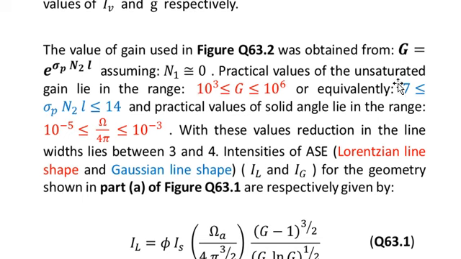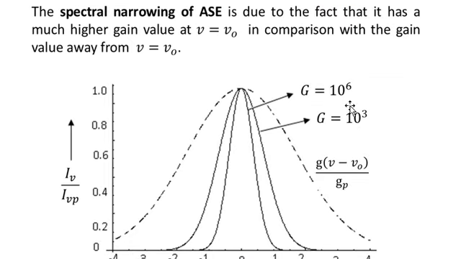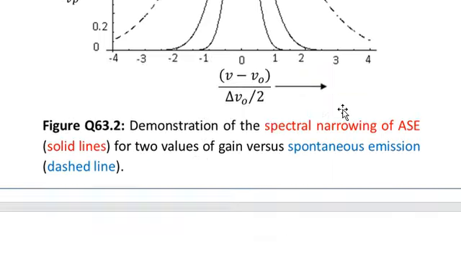Practical values of the unsaturated gain, that is capital G, lie in the range of 10 to the power 3 to 10 to the power 6. And you see that here we have plotted the two functions for the minimum value of G, which is 10 to the power 3, and for the maximum allowed value of G, which is 10 to the power 6.